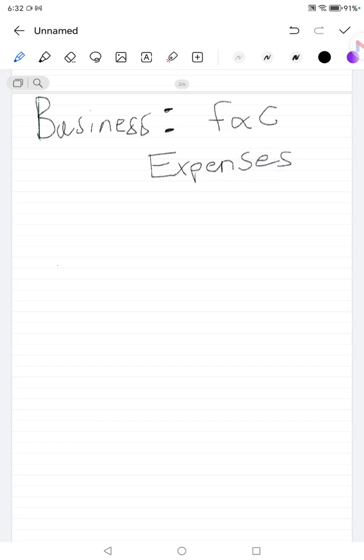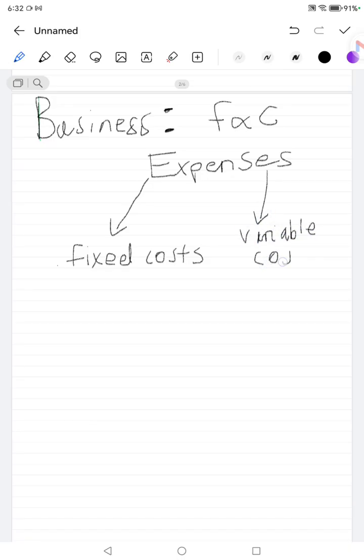But in this unit, let's just say your expenses are going to be broken up into two. You're going to be having your fixed cost, then you're going to be having your variable cost. You see? So fixed costs, remember, these are costs that you incur even if nothing is produced.